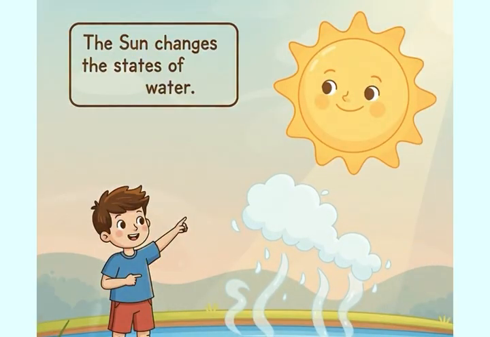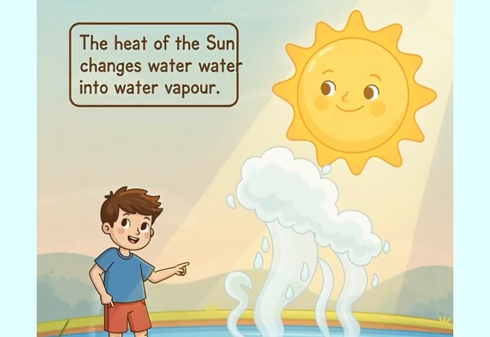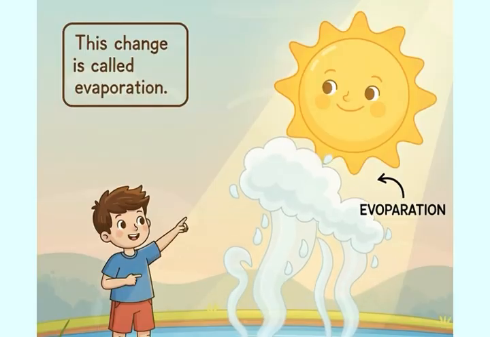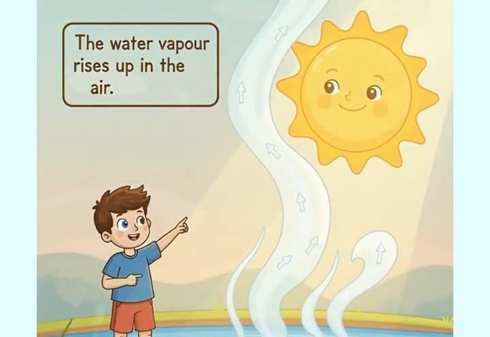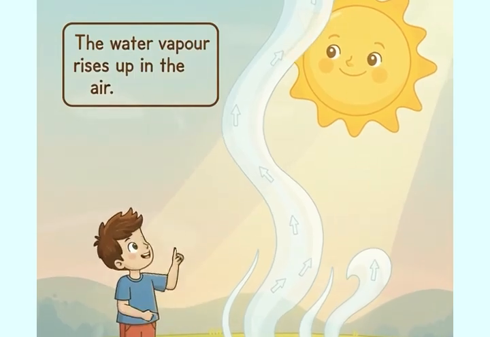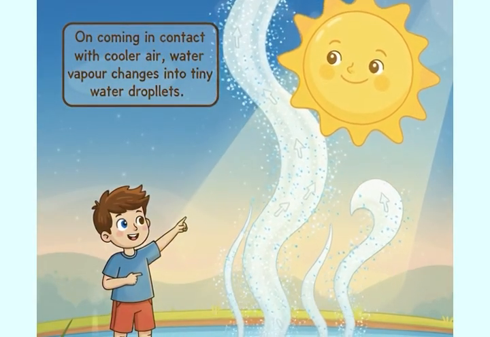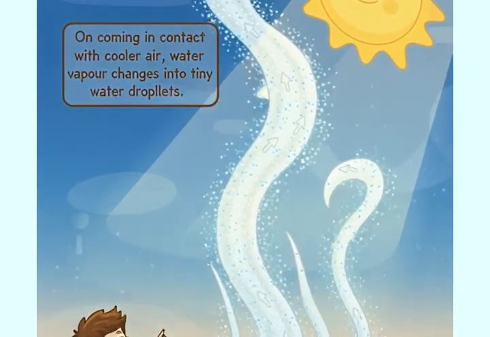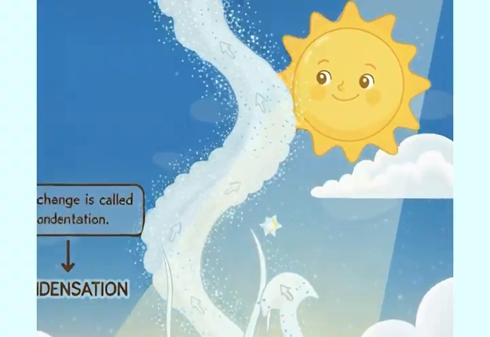The sun changes the states of water. The heat of the sun changes water into water vapor. This change is called evaporation. The water vapor rises up in the air. On coming in contact with cooler air, water vapor changes into tiny water droplets. This change is called condensation.